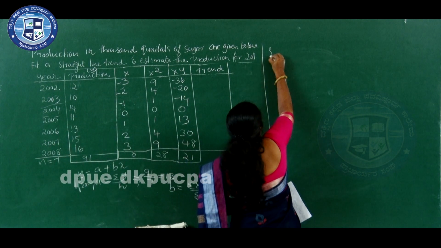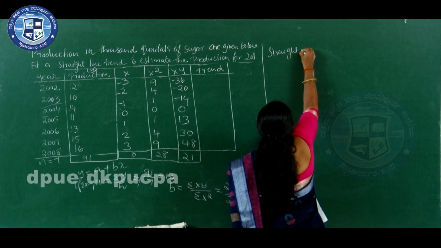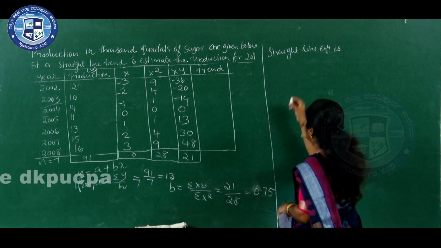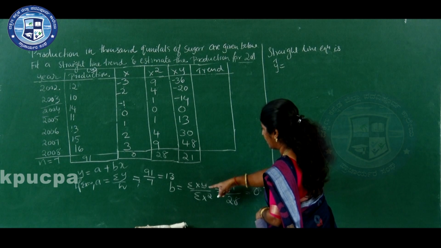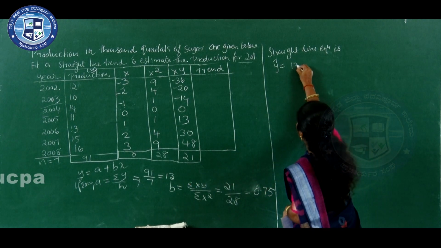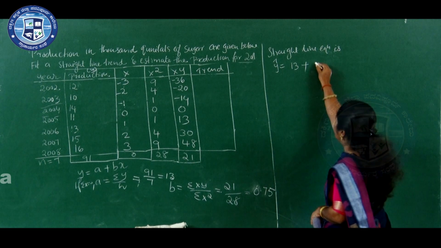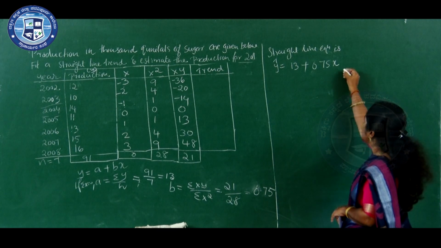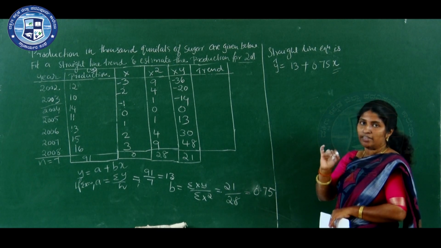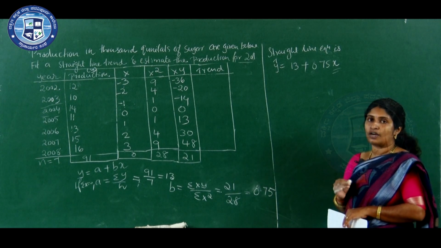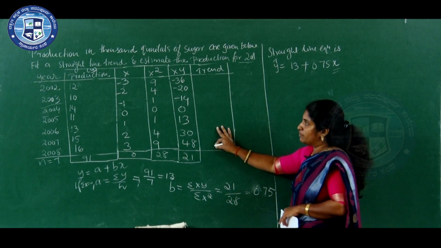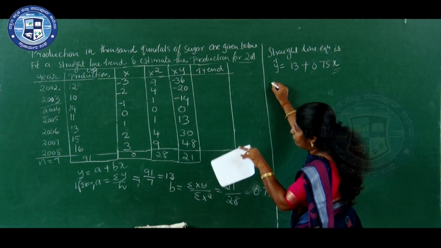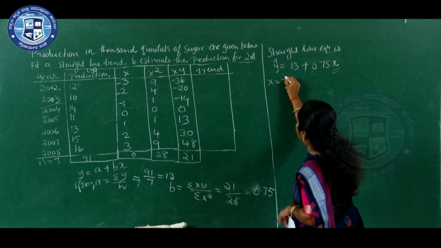Now the straight line equation is y cap is equal to a plus bx, that is 13 plus 0.75 into x. To obtain the trend values, you have to substitute different values of x in this equation. The first time point is x equal to minus 3.